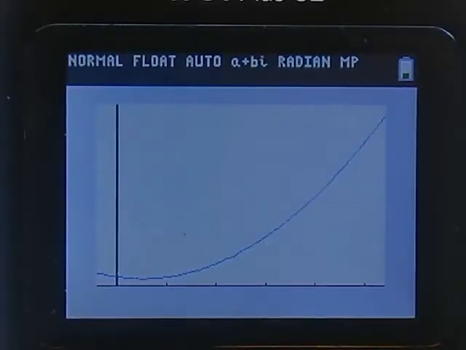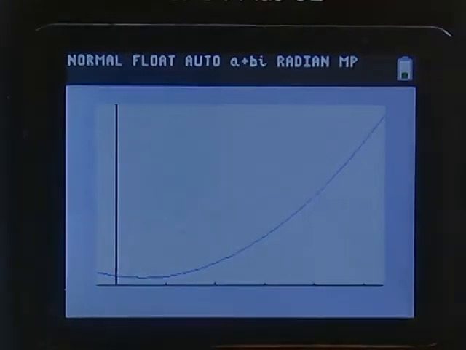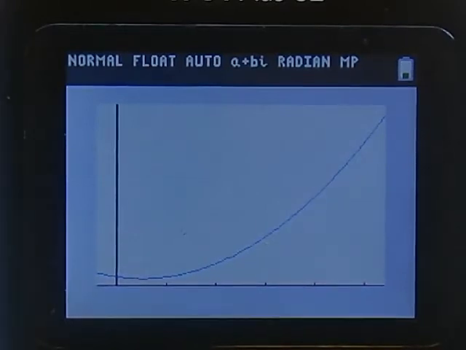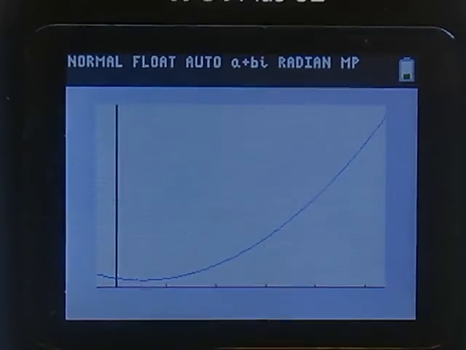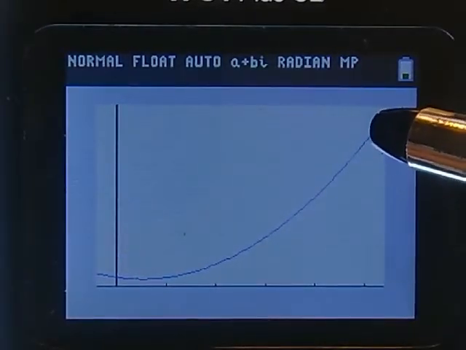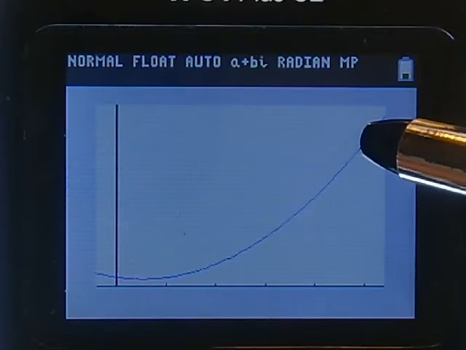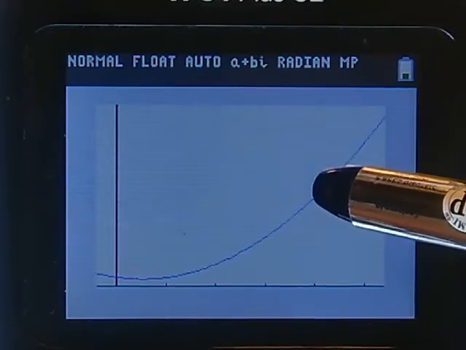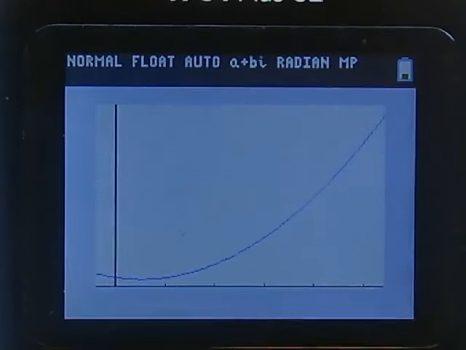Let's remind ourselves that the problem said that our graph is actually in thousands of dollars. Okay, in thousands of dollars. So 1 million would be 1,000,000. Well, we know that our graph here at 25 years goes up to about 1,200. So 1,000,000 has got to be right about here. 1 million's got to be here.